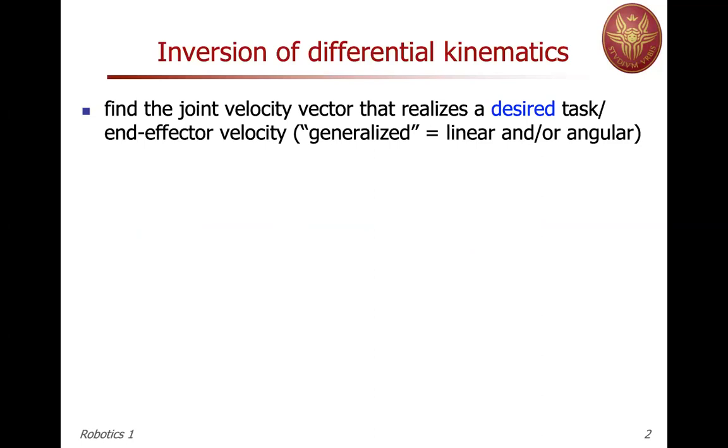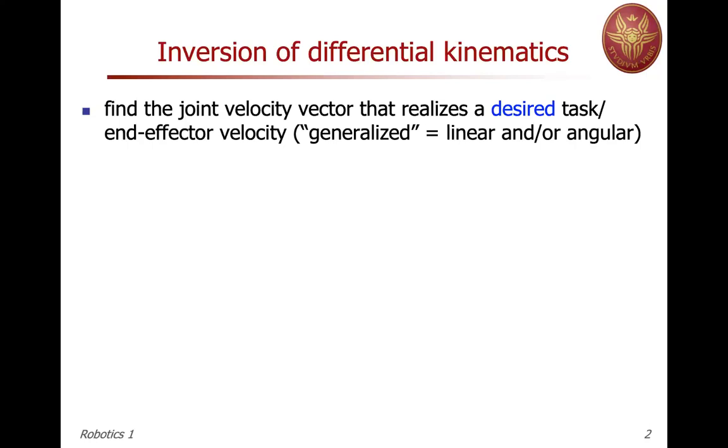Now a few comments here. When I say end effector velocity or task velocity, I'm intending this in a generalized sense. There could be linear and/or angular components, so whatever you're working with in the task space.